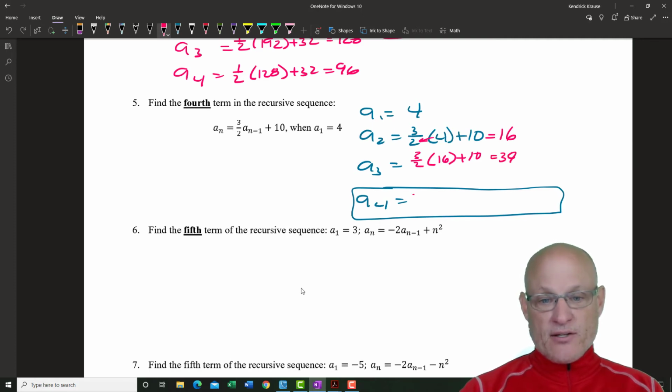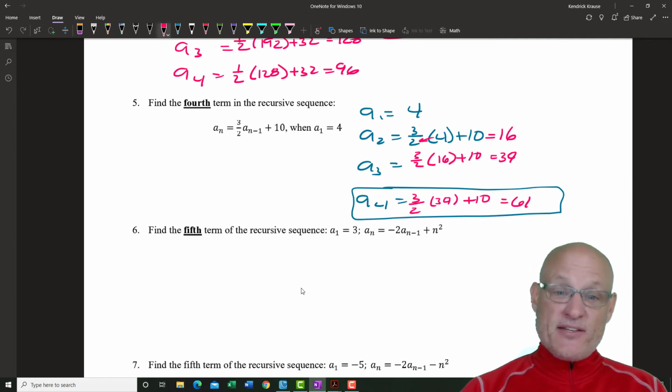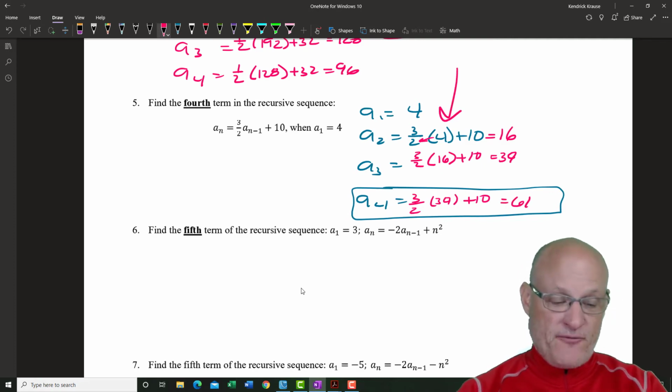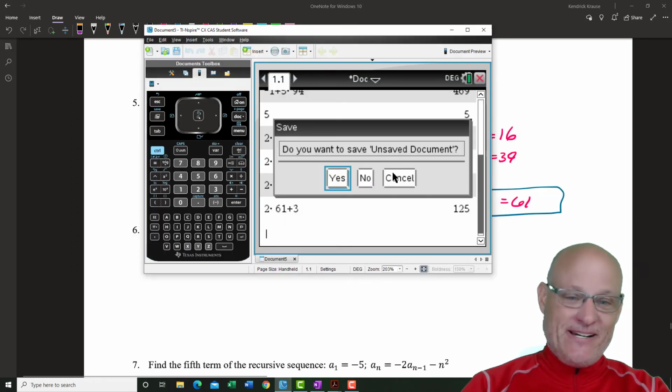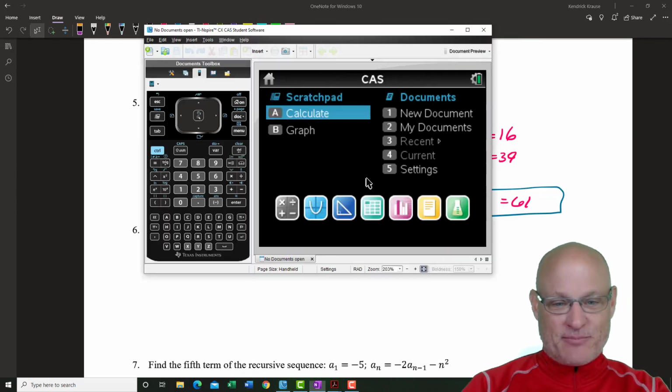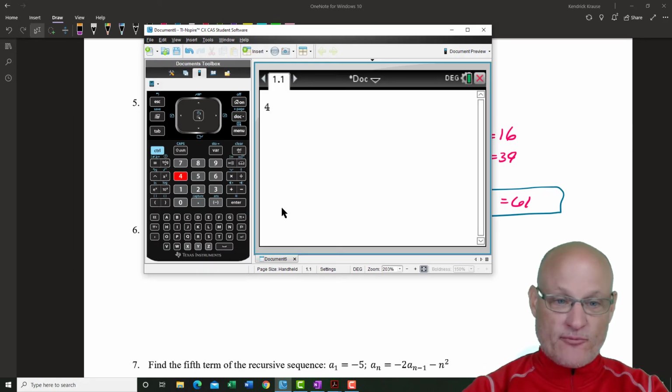And finally, 3/2 of 34 plus 10. Half of 34 is 17. 17 times 3 is 51. 51 plus 10 is 61. Now, this is the work I expect to see, but if you want to use the calculator, say, hello, calculator, help me out. So hit 4.